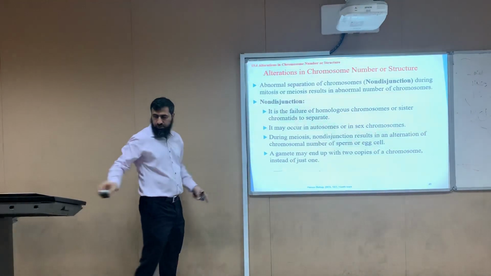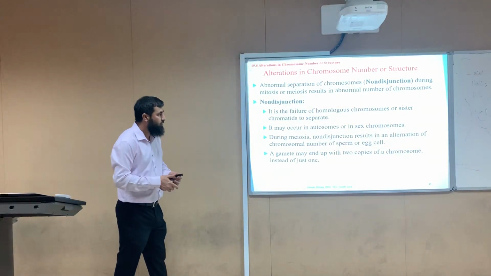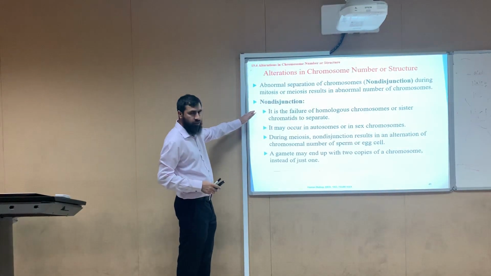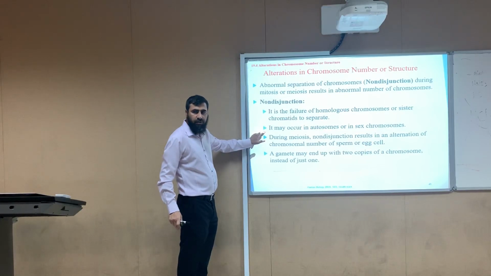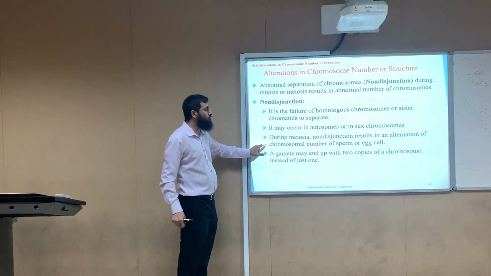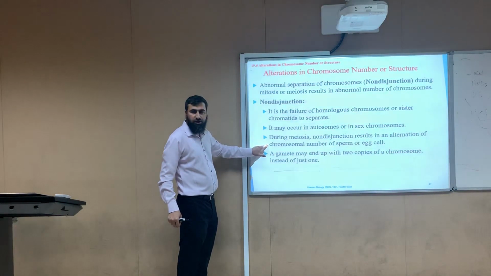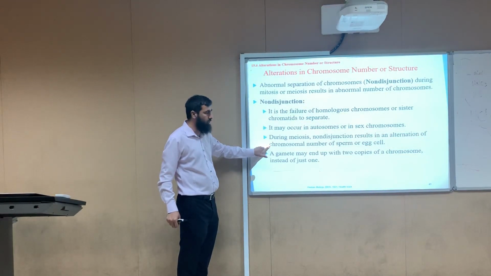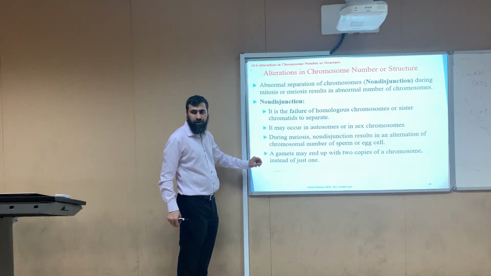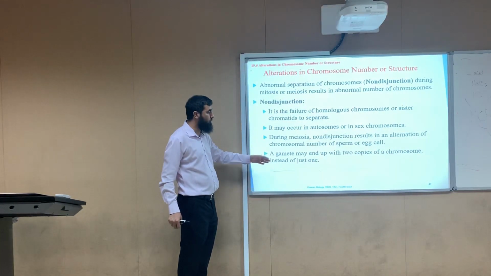So basically, to recap, non-disjunction, the failure of chromosomes to separate, can happen in the autosomes or sex chromosomes. Non-disjunction changes the chromosome number in the sperm and egg.